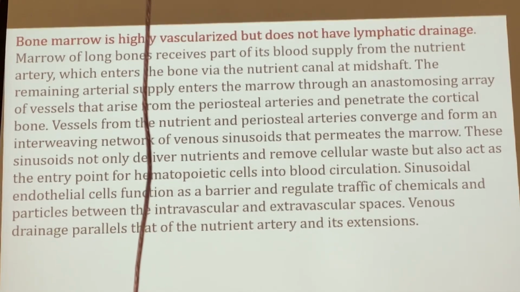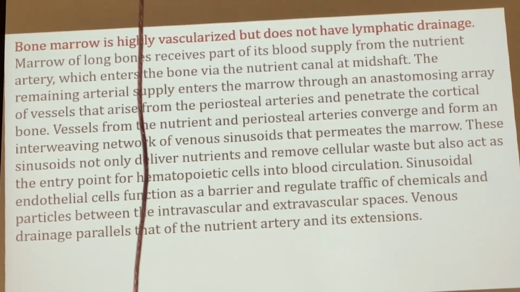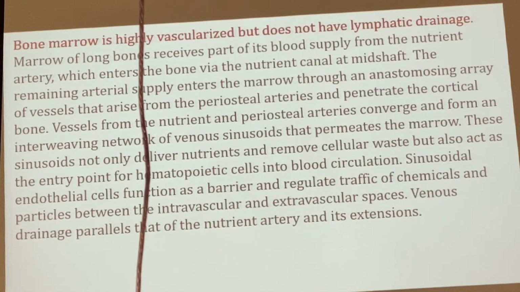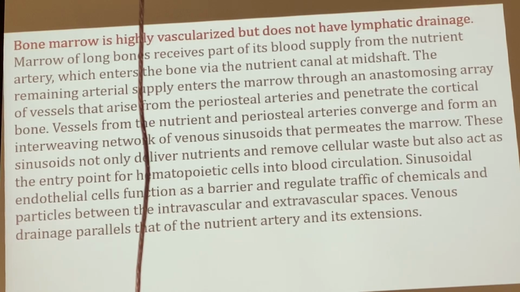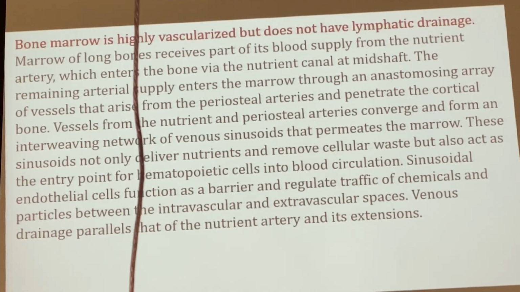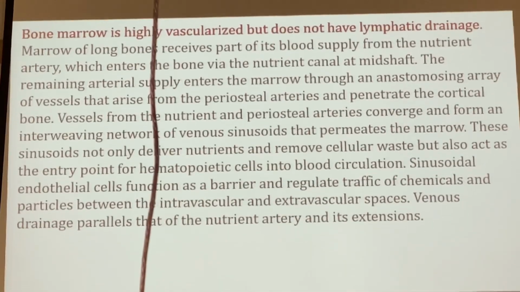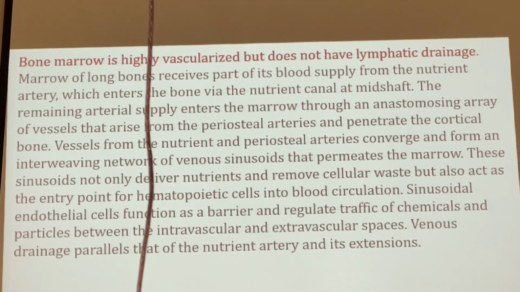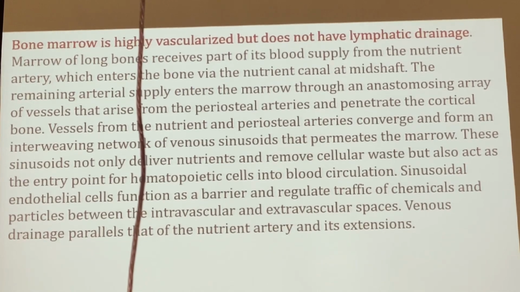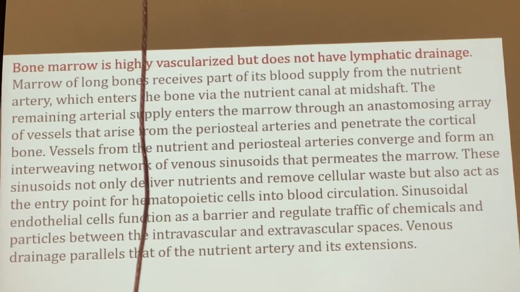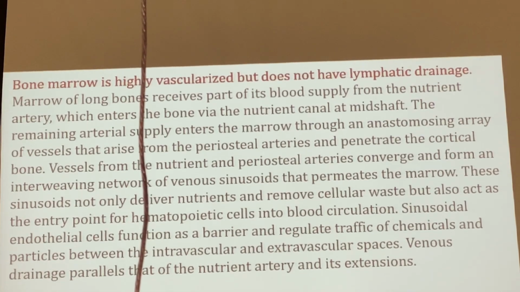So there is a big area. Nobody can answer us if the lymphatic drainage is there or not, but let us say for the time being, because the bone marrow is part of the lymphatic system, it doesn't need lymphatic drainage.